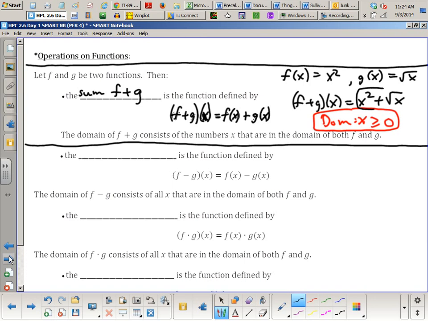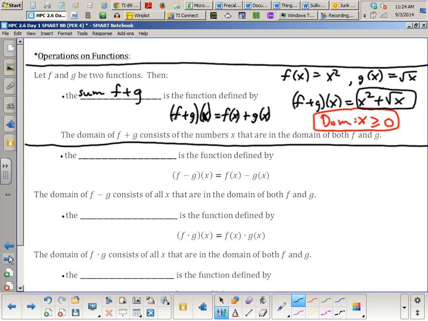So this thing is called the sum function, but it has its own domain, like any other function. Why is the domain greater than or equal to 0? Because this is made up of an f and a g. F will input any number, like you can put any number you want into x squared, but g has a rule.